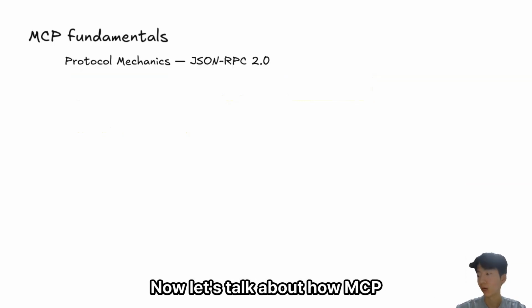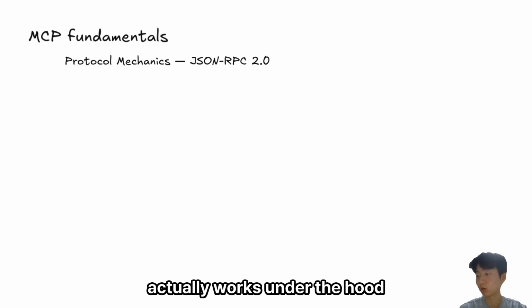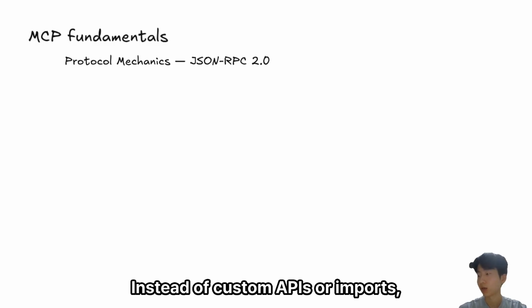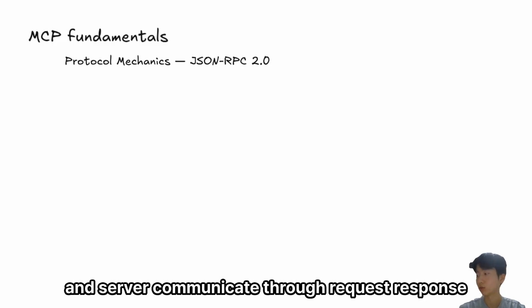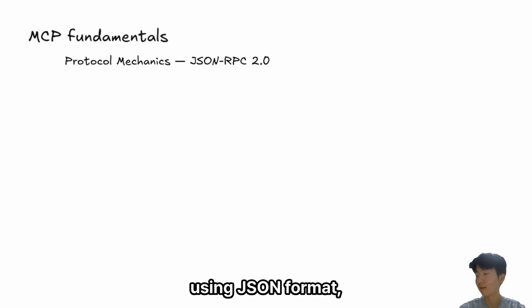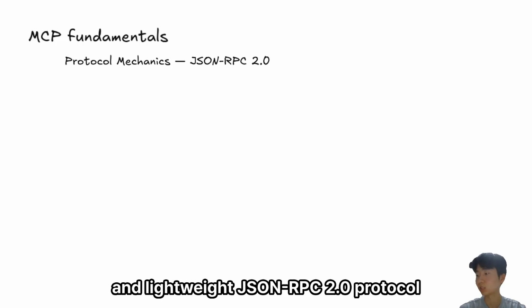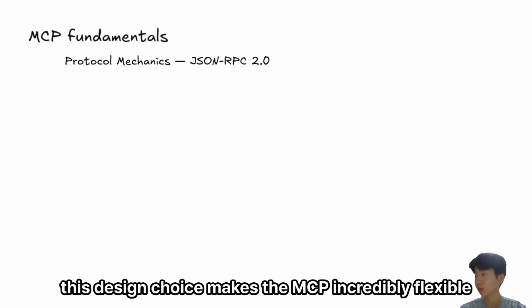Now, let's talk about how MCP actually works under the hood. Instead of custom APIs or imports, MCP uses JSON-RPC 2.0. The MCP client and server communicate through request and response using JSON format and the lightweight JSON-RPC 2.0 protocol. This design choice makes MCP incredibly flexible.